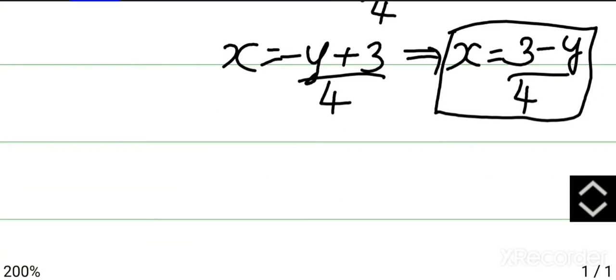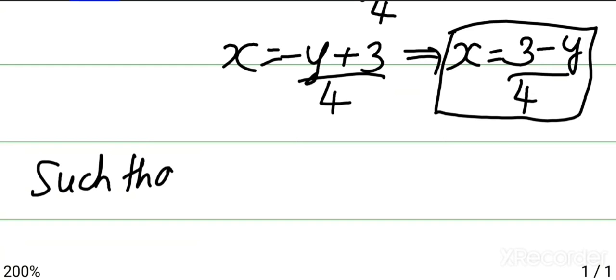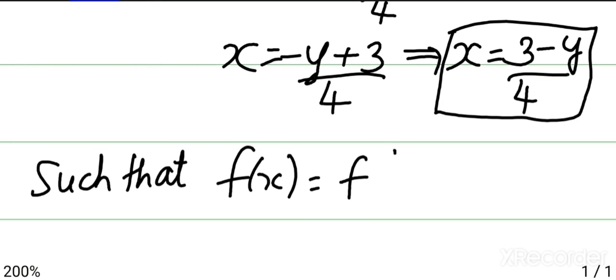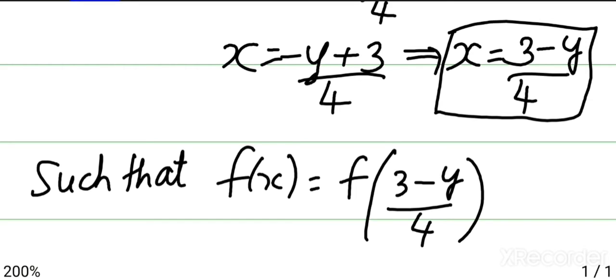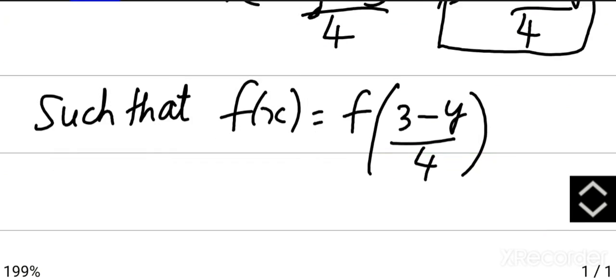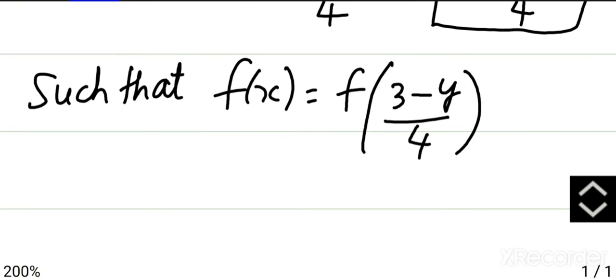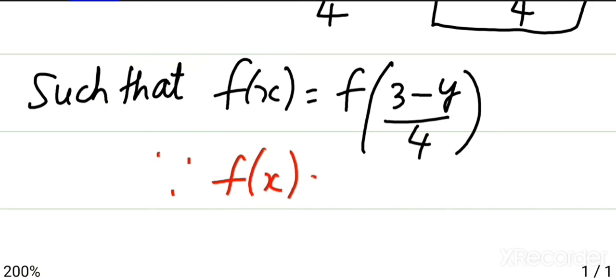Now, after finding the x formula, we should always write f of x equals f of the x value we got, that is f of (3 minus y) divided by 4. In place of x I am replacing the answer I found. Our formula is f of x equals 3 minus 4x.